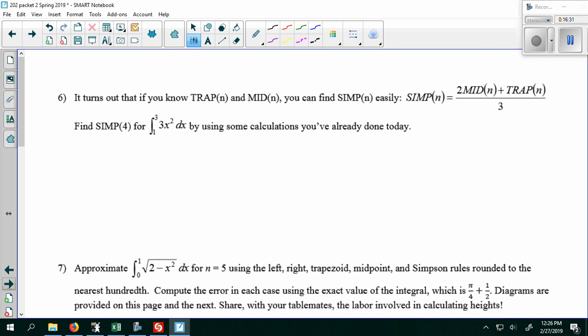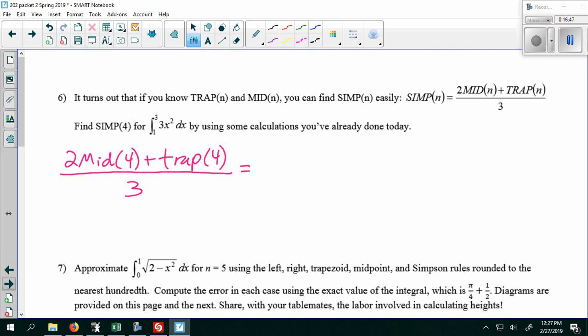So to find Simpson's for 4, we just do 2 times mid 4 plus trap 4, both of which we've already calculated today, over 3.